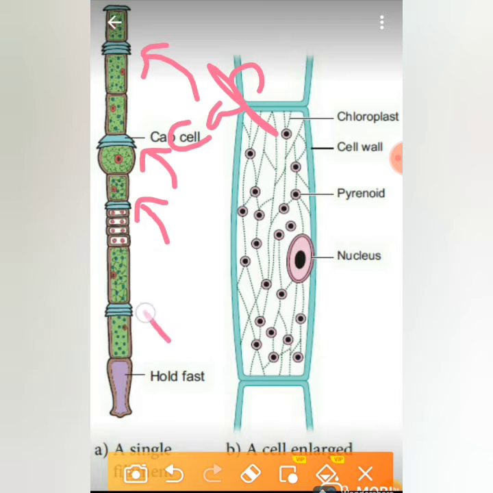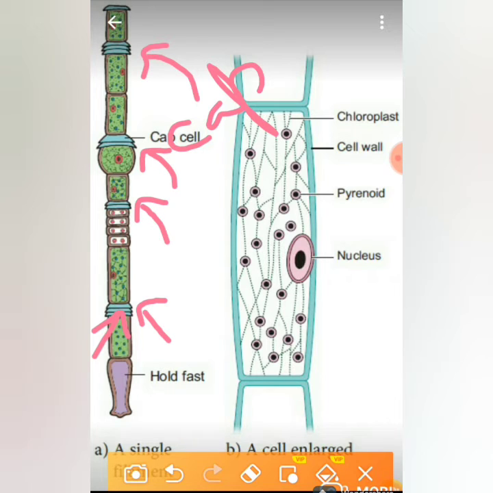And what these cap cells actually indicate is the number of cell divisions in that cell. Suppose, for example here, as you can see, there are 3 caps. So this means that in this particular cell, 3 cell divisions have already occurred.